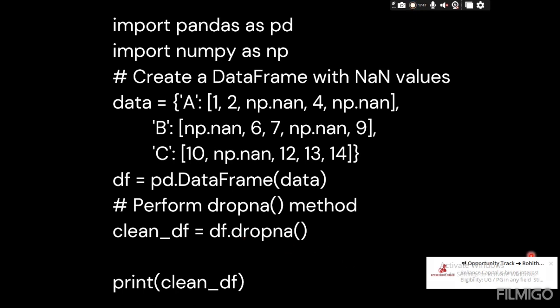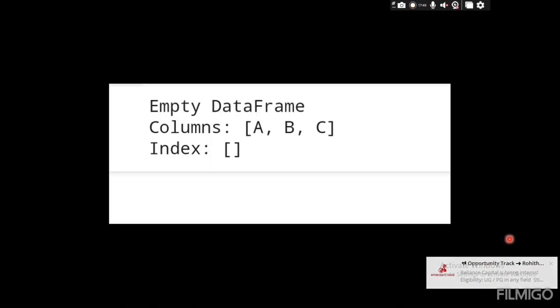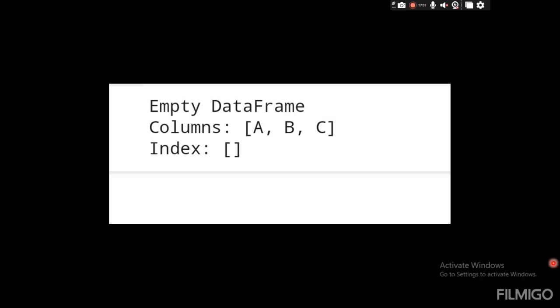So here is the output for our example. In this example, all the rows were dropped because each row consists of one NaN value.